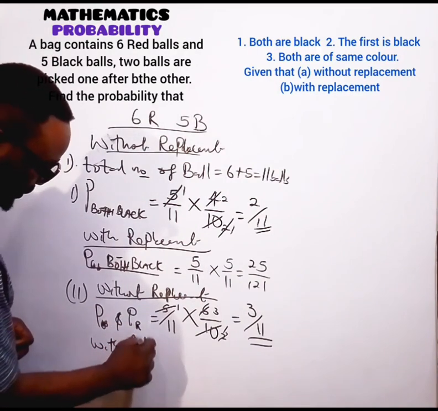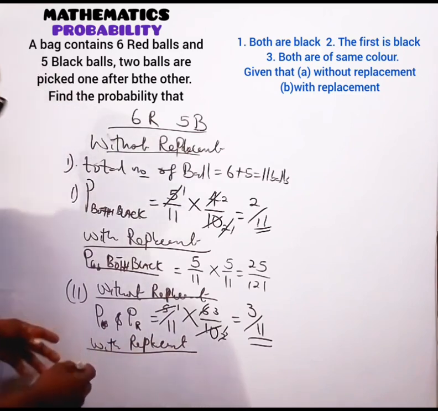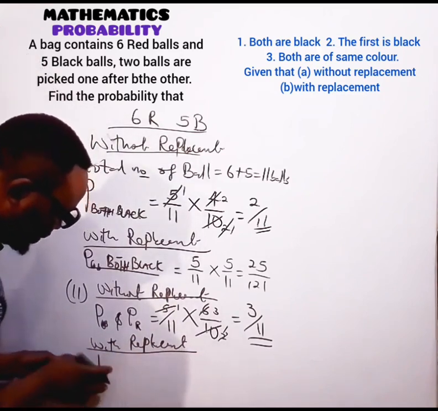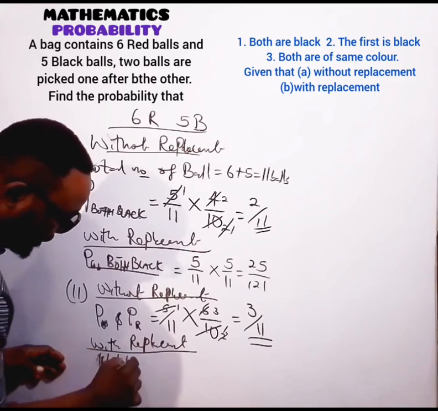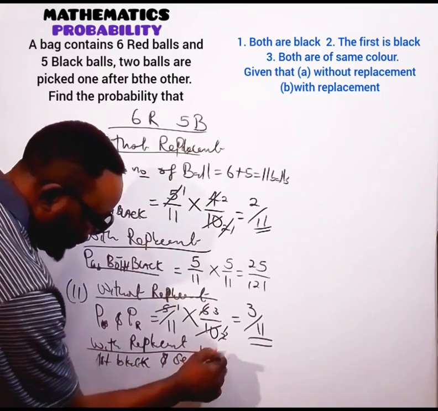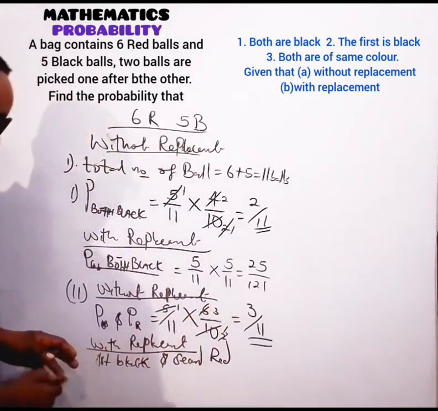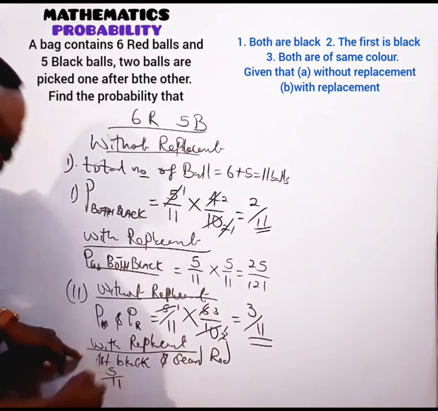Now, with replacement. With replacement, the first ball is black and the second is red. So first is black, that is 5/11.